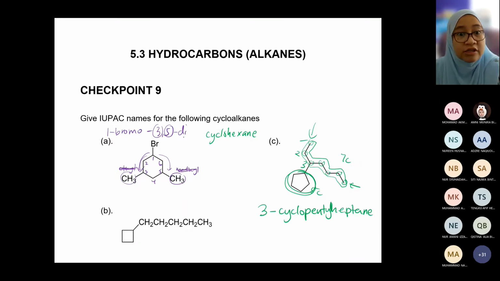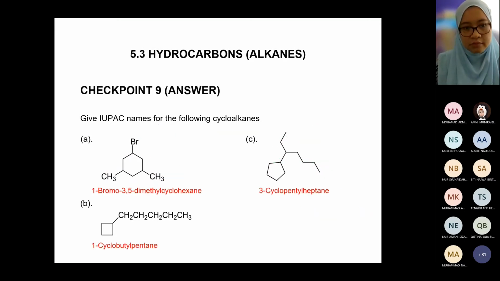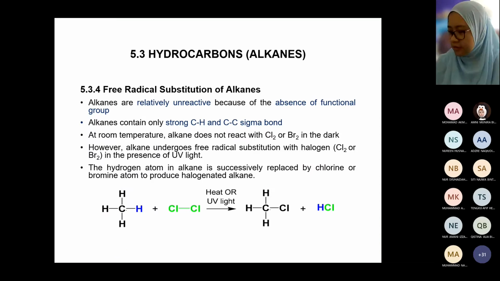Kalau ada 3, then it should be tri. Okay, di, methyl, cyclohexane. So this is the name for E. Okay. Right. Yang lebih tu you buat sendirilah. Okay, so that is for your practice.